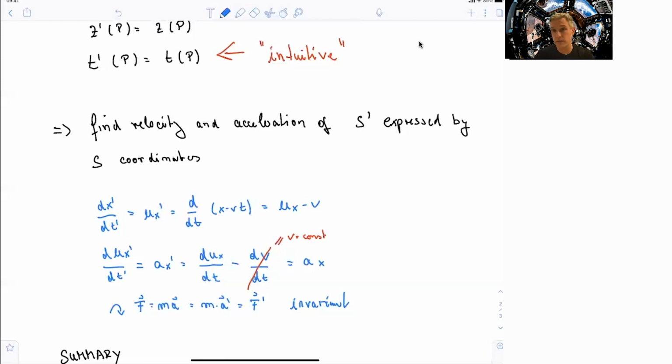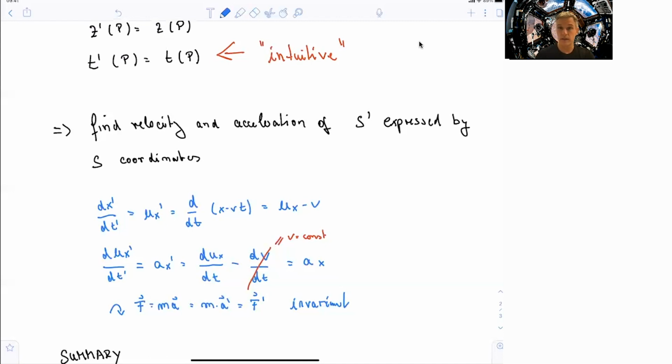Now the velocity as we defined between the two reference frames is constant, therefore this is 0, meaning that the accelerations in the two frames are the same. That means that the forces in the two frames are the same, and that means that the forces or the accelerations are invariant. They do not change based on the reference frame I use.